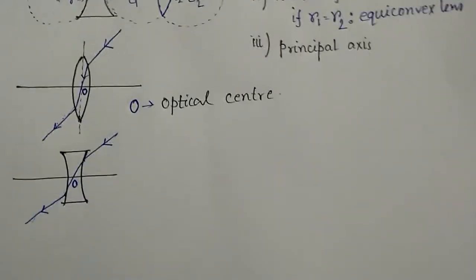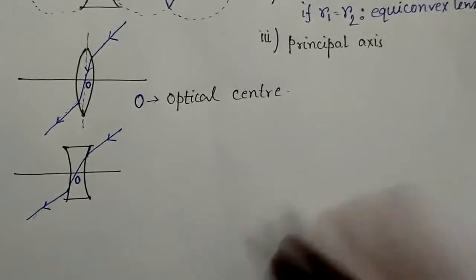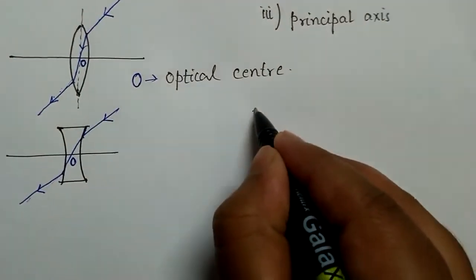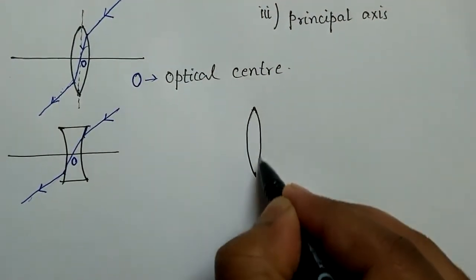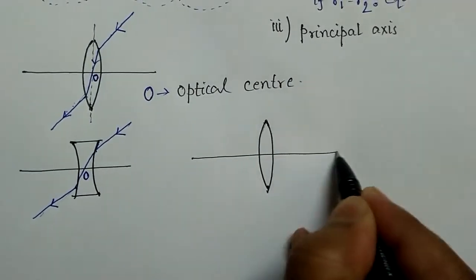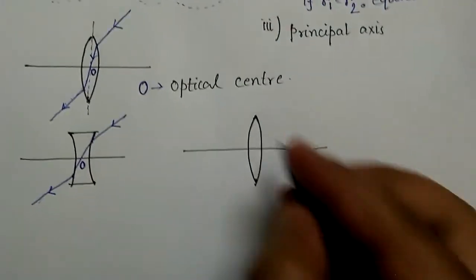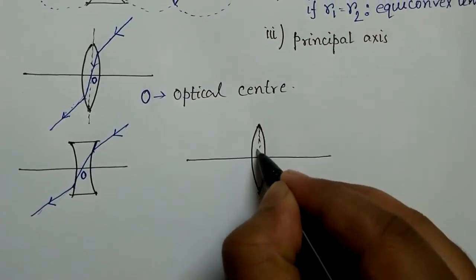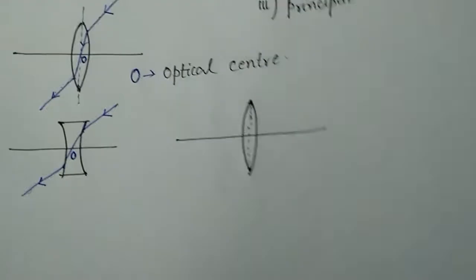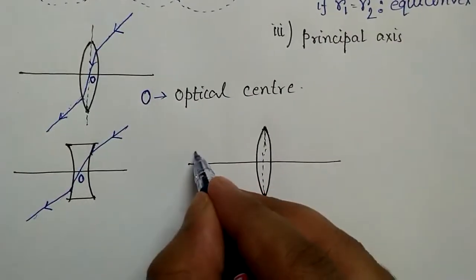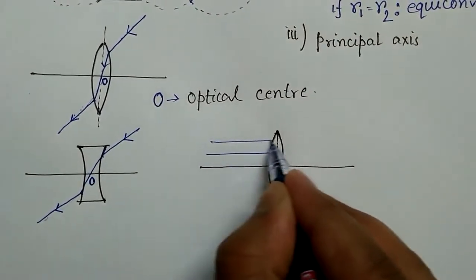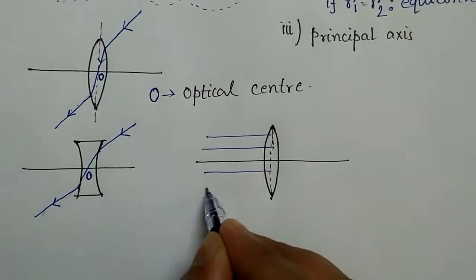The next term you have to know is focus. So what is focus? I am drawing another lens. Let's say this is the convex lens, this is the principal axis and this is the principal cross section. Now a few rays of light which are parallel to the principal axis are incident on the lens.